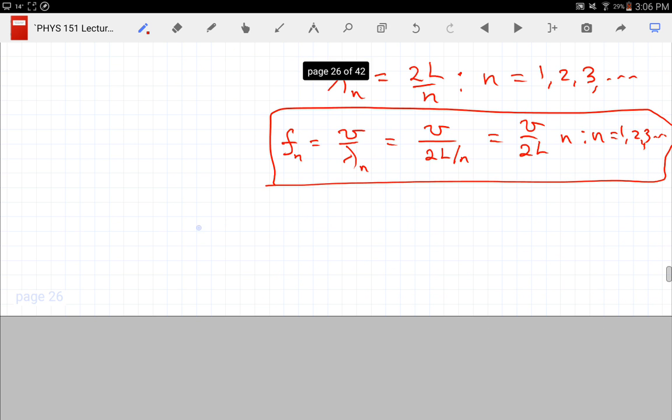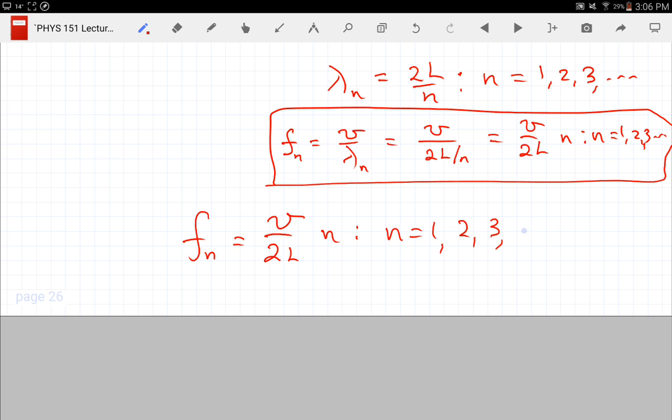I'm going to write a little more carefully. f sub n is equal to v over 2L times n. n is equal to 1, 2, 3, etc.